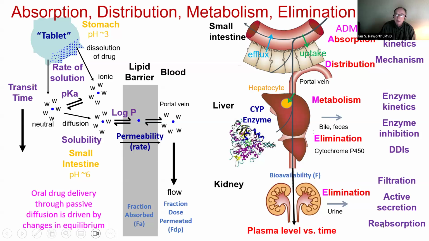So some molecules will be on their way to being eliminated through the urine, either by filtration or active secretion, but then they can be reabsorbed back into the systemic circulation, and that can have a big effect, of course, on the pharmacokinetics. And so this is something I'll talk about a little bit.